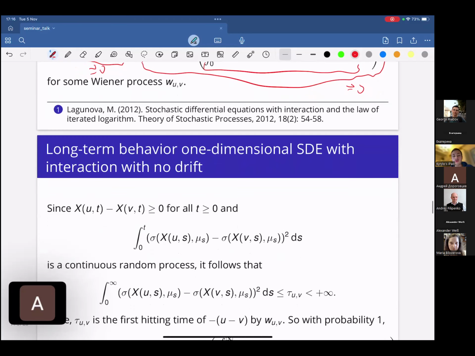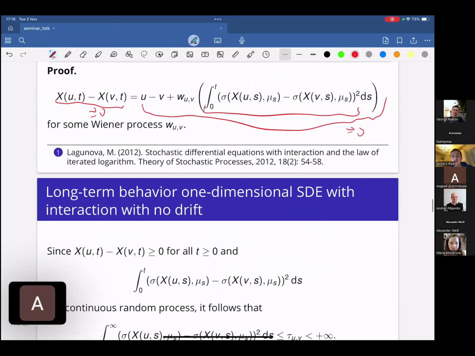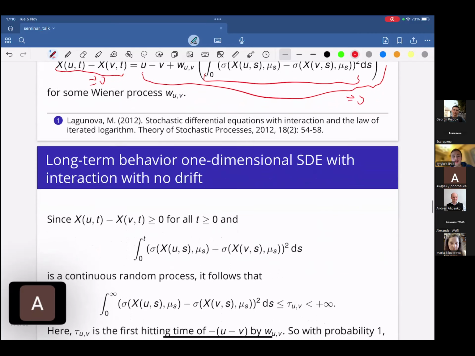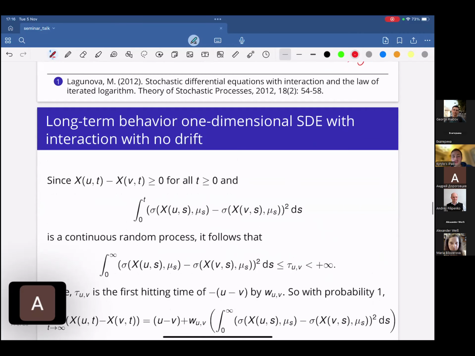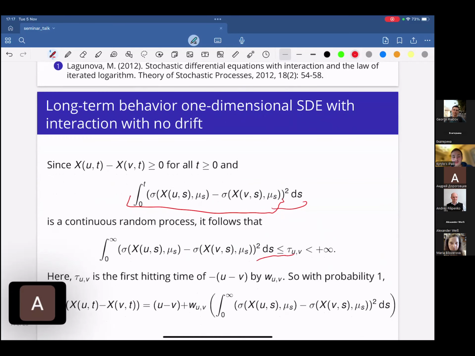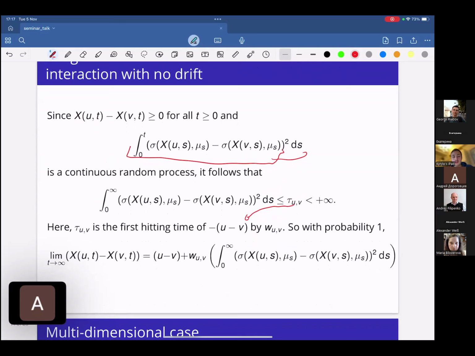On the right-hand side we have Brownian motion, and Brownian motion in the one-dimensional case is point recurrent, and then the whole random time is less than tau uv, and tau uv is defined by the first hitting time of minus the norm of u minus v, because it is the first time it hits 0, and the whole left-hand side difference could go below 0, but our restriction is that it is greater than 0.